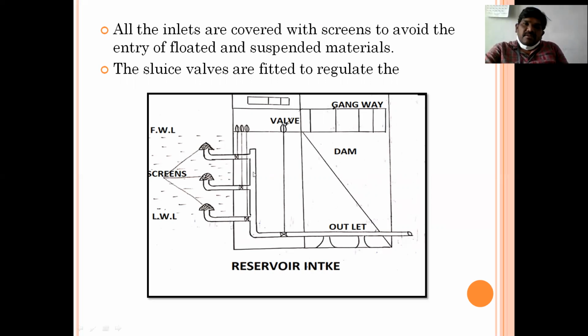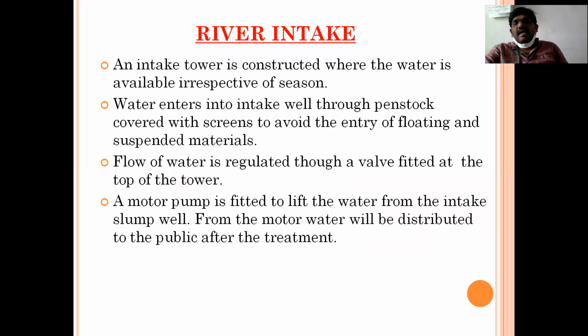Repair in the sense of controlling or regulating the valves. One purpose is operating, and another is that whenever a repair occurs, a person has to go over there. That is the reason the gangway is provided. This is what we have about the reservoir intake. And next one is river intake.